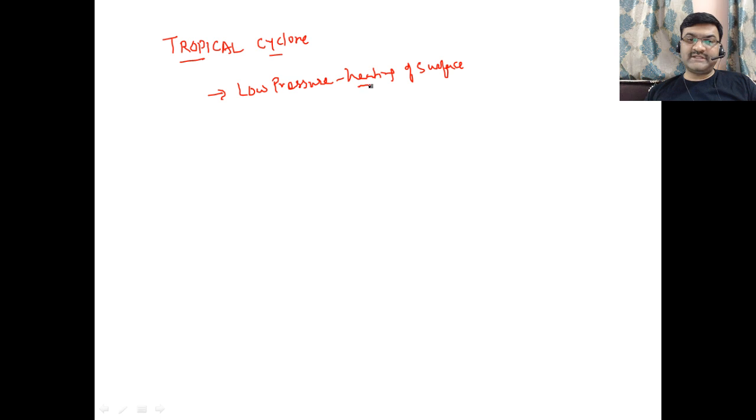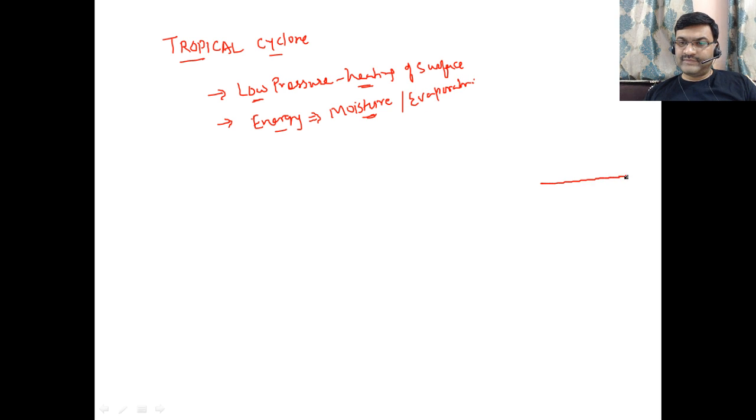When the surface is getting heated, there is establishment of low pressure, right? And then, what is the source of energy of the cyclone? The energy it gets is from moisture. The tropical cyclone is getting its energy from moisture, that is nothing but evaporation from the surface.